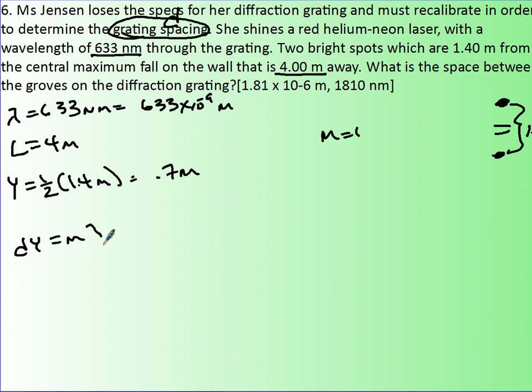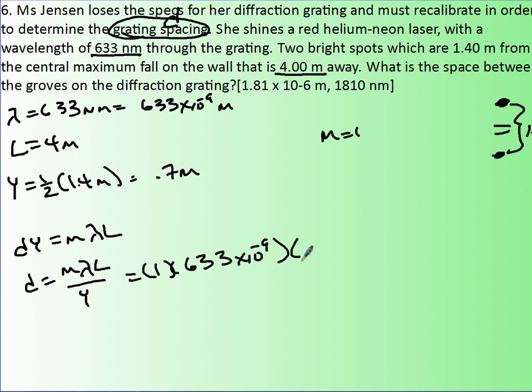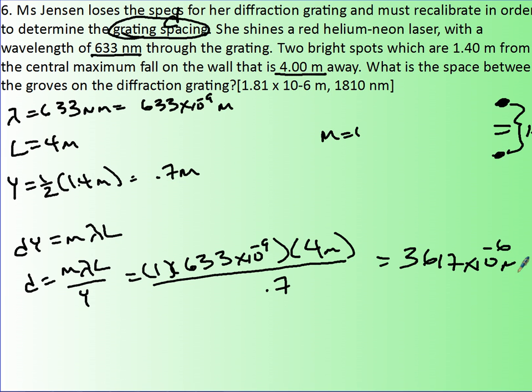So d is m lambda L over y. It's 1 times the wavelength, 633 times 10 to the negative 9, times L, which is 4 meters, divided by y, which is 0.7. Let's see what we get. 633 times 10 to the negative 9 times 4 divided by 0.7 gives me 3.617 times 10 to the negative 6 meters.